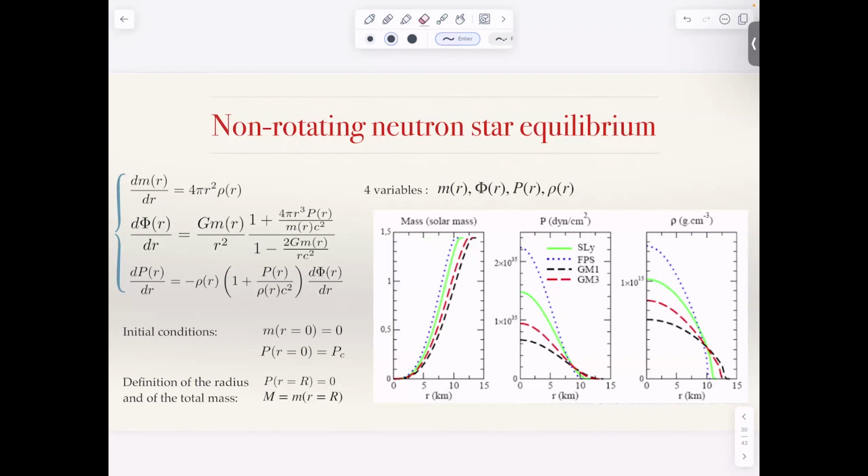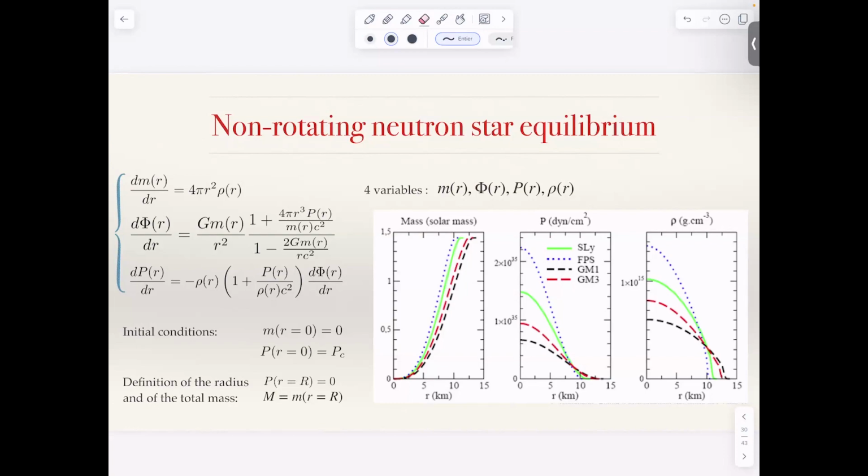So if you have a mass and radius of a neutron star, for instance, you will very accurately be able to determine among these 4 equations of state which one is the physical one, the real one. And you see also that because there are different equations of state, you have different pressure or density profiles inside the star.